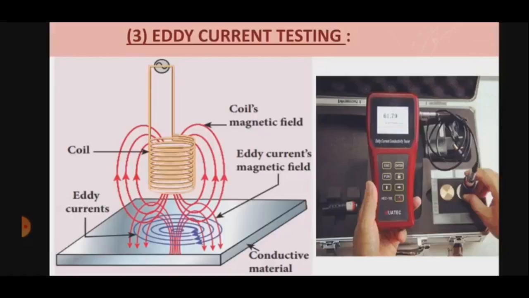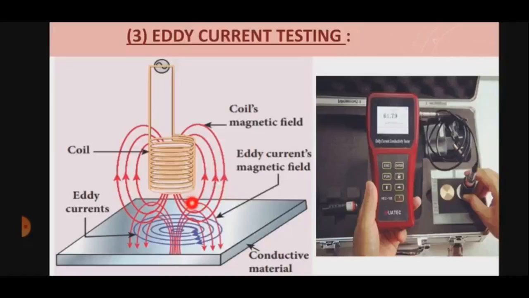Understand, students? Okay. So a coil of insulated wire is given alternating current. The same concept. The alternating current flows through the coil of wire and produces an alternating magnetic field. This magnetic field interacts with the surface.